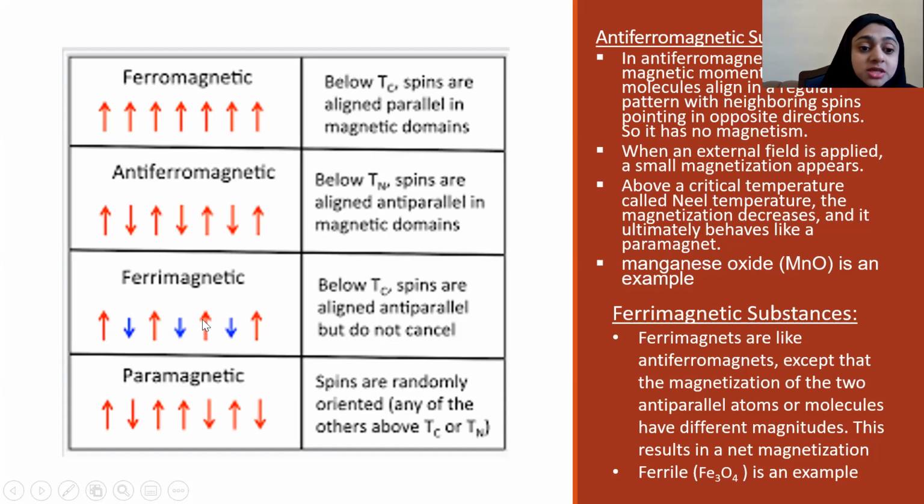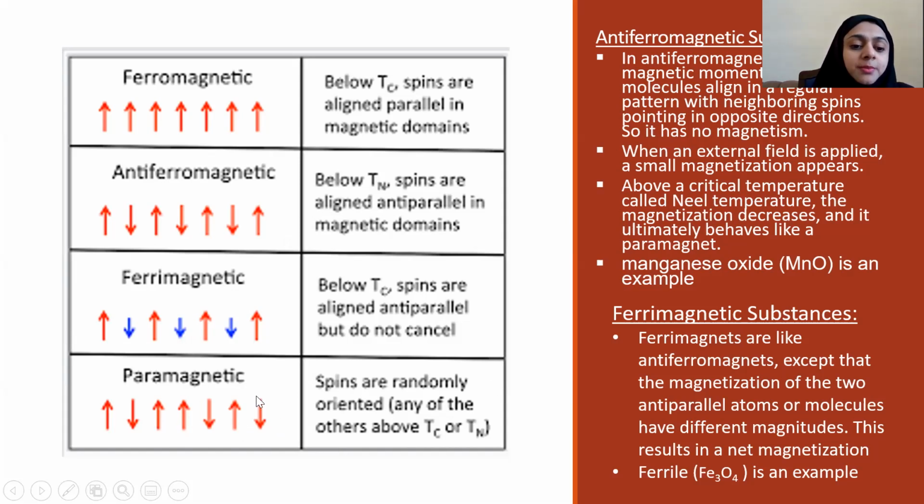So as you can see in this figure, upwards there will be more magnetic field, and therefore there is a net magnetization in the upward direction. So this is the case of ferrimagnetic material. And then they have, just for a comparison, shown paramagnetic substances whose spins are randomly oriented at any of the other temperatures.